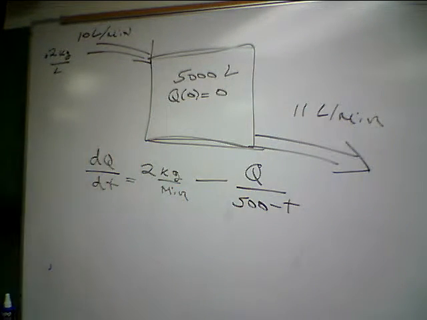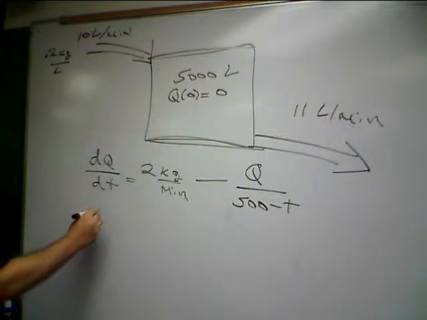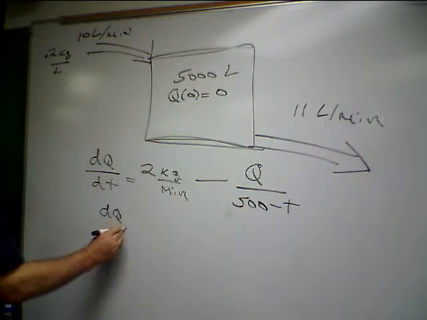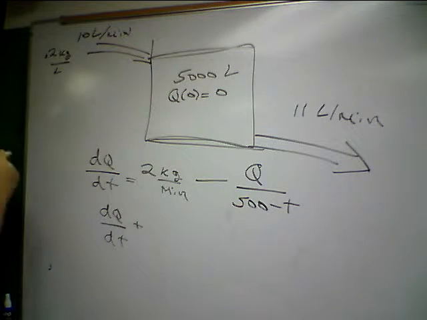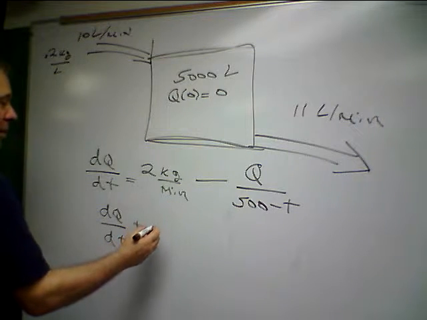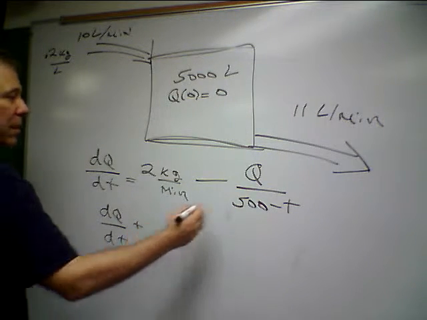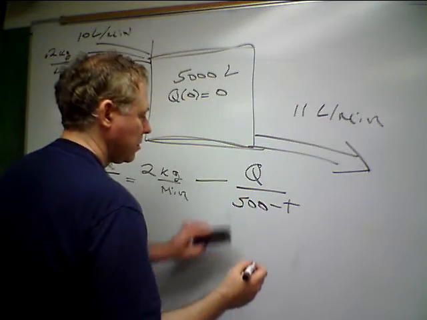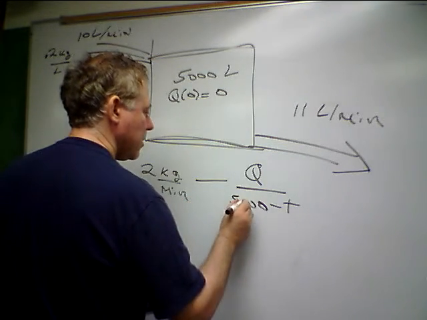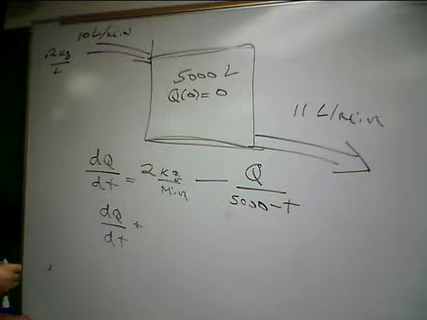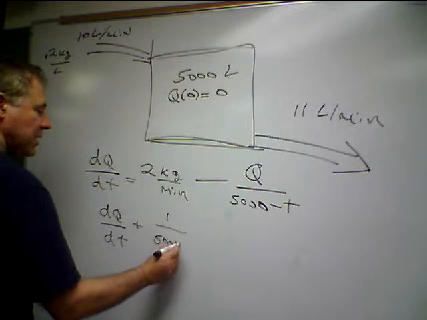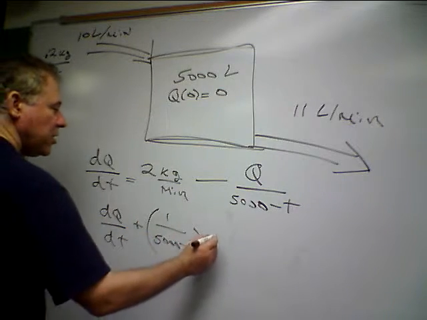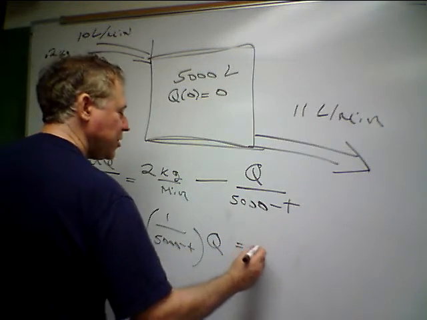Okay. So now we're in this situation where we have dq dt plus 1 over 5,000 minus t q is equal to 2.